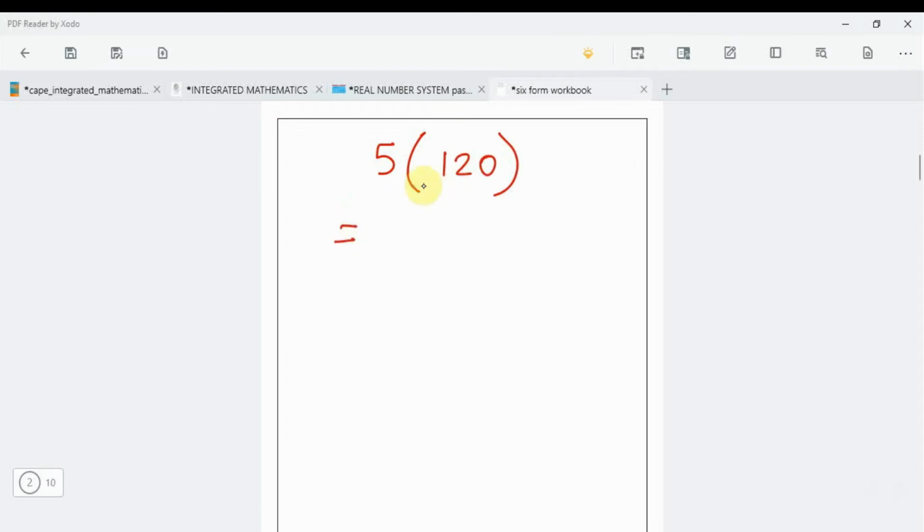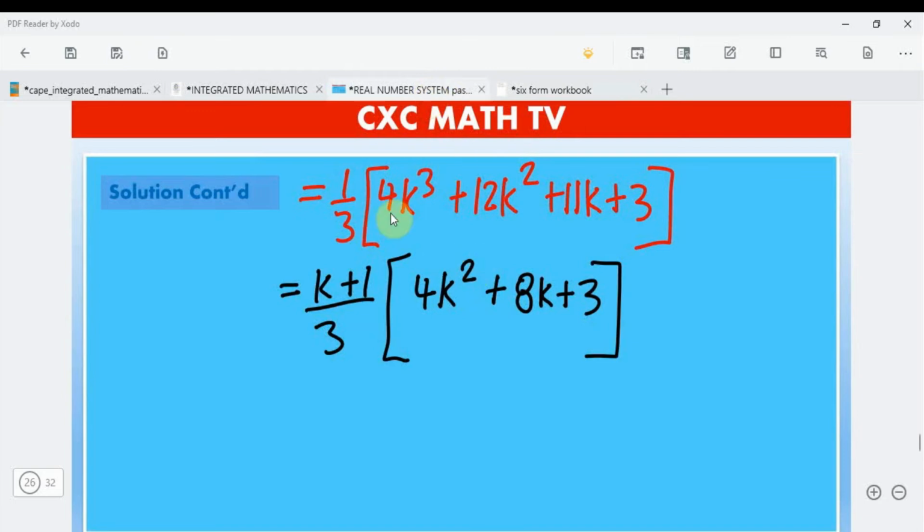So we can rewrite 5 times 120 as 5 times 20 in bracket, and when you take out 20 from 120, it would be 6. So we can rewrite a number like 5 times 120 as 100 times 6. That's what we're saying right there. So all we did was factorize. But in order to factorize this expression, in order to factor out k plus 1, we had to do polynomial division.